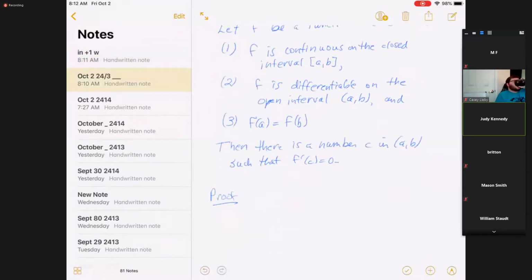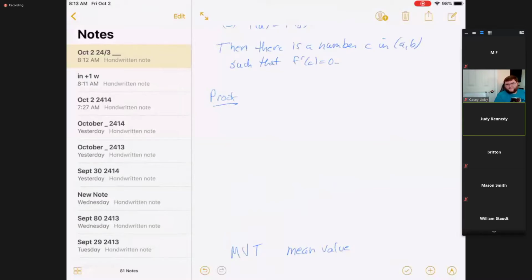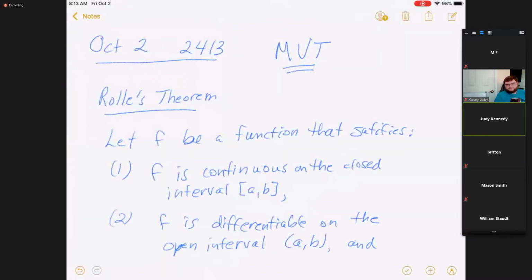The mean value theorem. If you can prove Rolle's theorem, you can prove the mean value theorem. It's the third of these big theorems: we had the intermediate value theorem, the extreme value theorem, and now the mean value theorem. It's hard to get students to appreciate how important this is because you have no frame of reference.